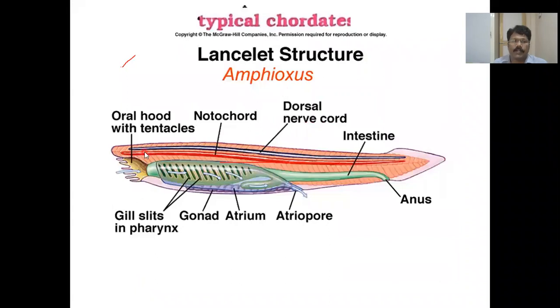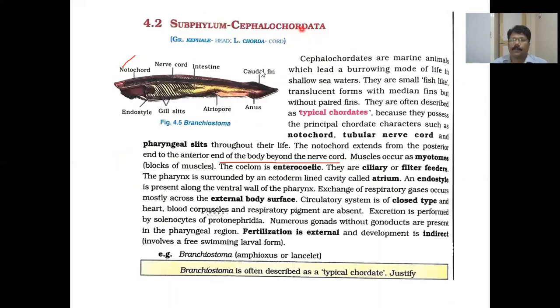So notochord extends even beyond the nerve cord, means into the head region. And the muscles are known as the myotomes. That means the blocks of the muscles.